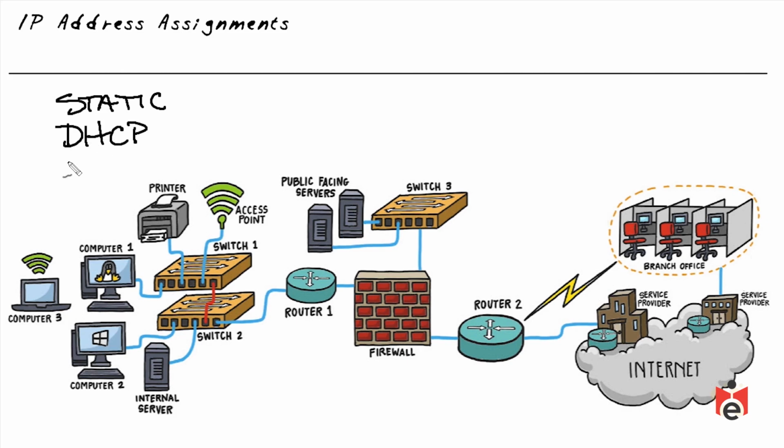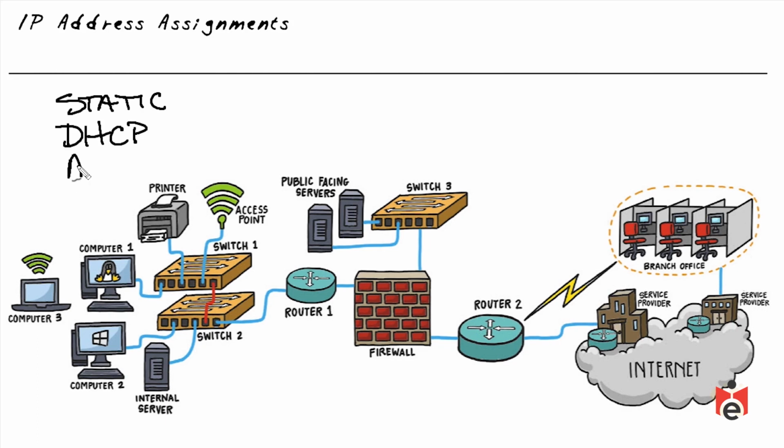And with DHCP, we'd have a server on the network with a pool of IP addresses, and then clients would find those servers, request an IP address, and then use an IP address assigned by the DHCP server. And DHCP can be applied for both IPv4 or IPv6. If we want to reserve a specific IP address for a specific host, we can do that with a DHCP reservation that saves that specific IP address for a specific host.